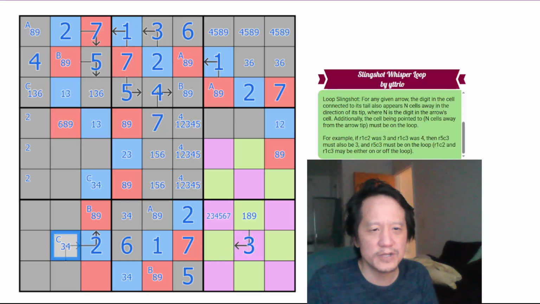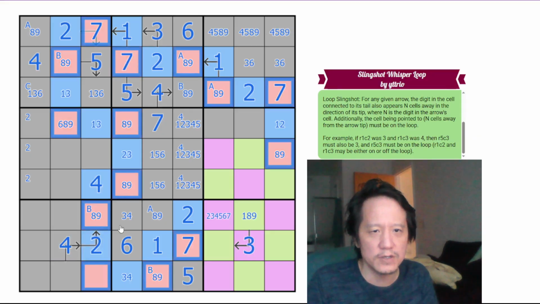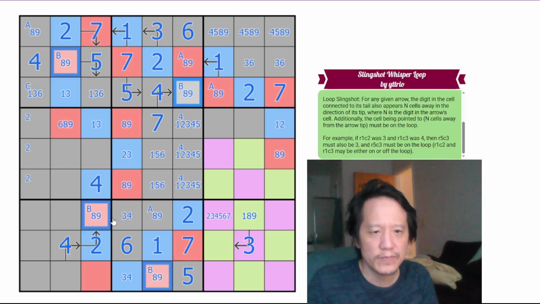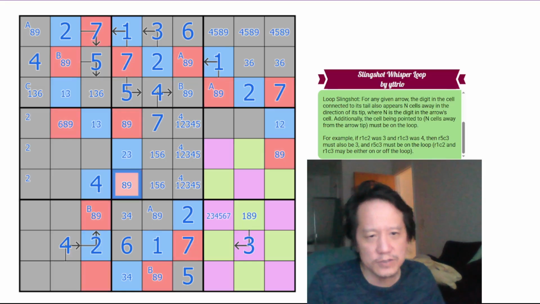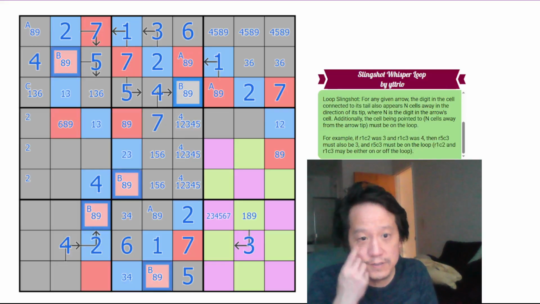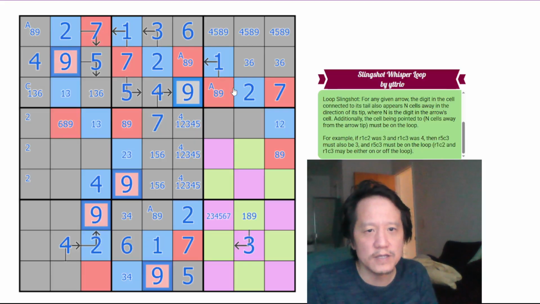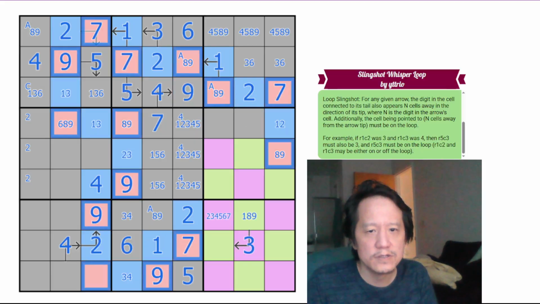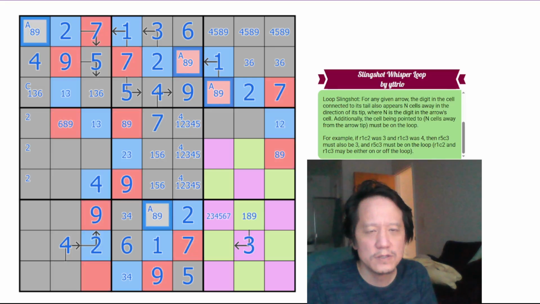This 3 eliminates 3 here, so this is a 4. That means this is 4, and the B's are all 9s. And this is B also. So these are 9s. The A's have to be 8s. So these are 8s.